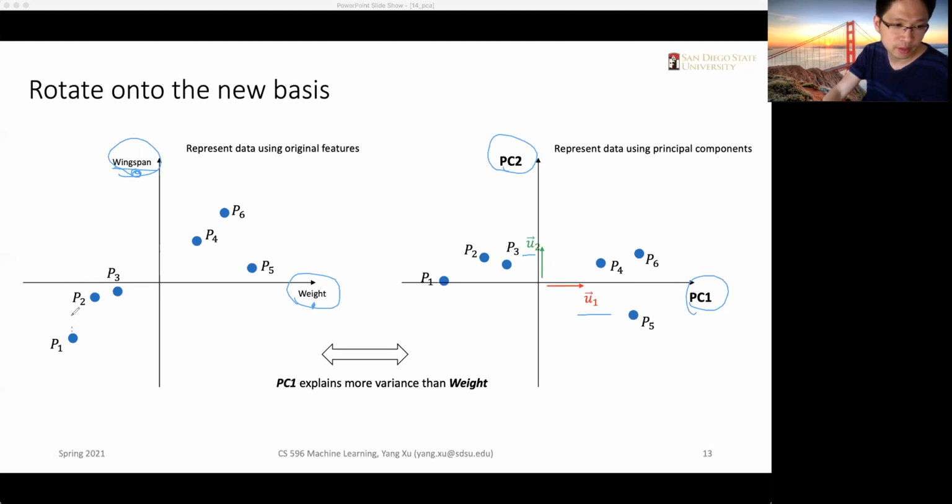If you compute the projections of your data points onto the weight axis and get the sum of squares, that will not be as great as the projections on PC1. So from that perspective, PC1 is a better feature because it describes more variance than the original features.